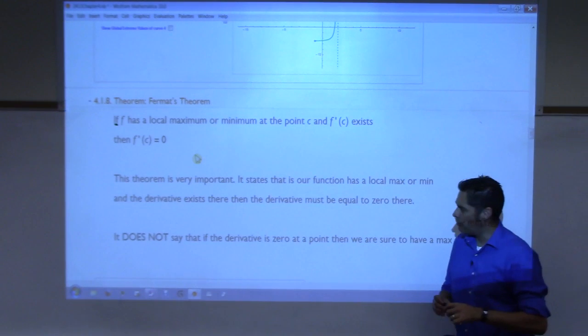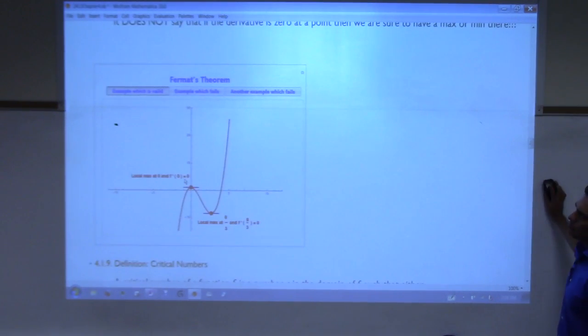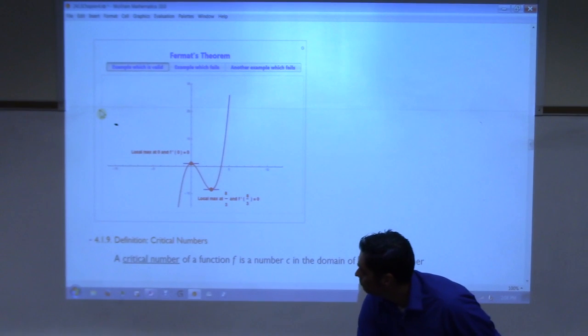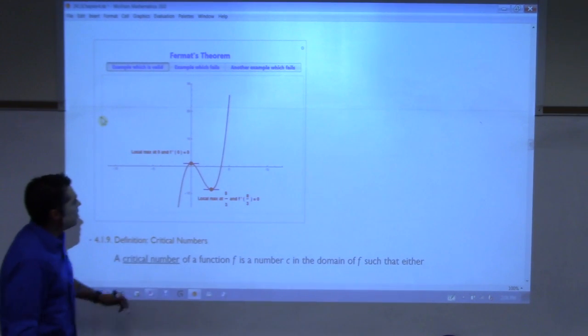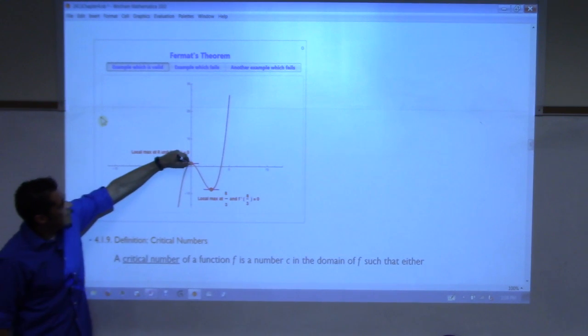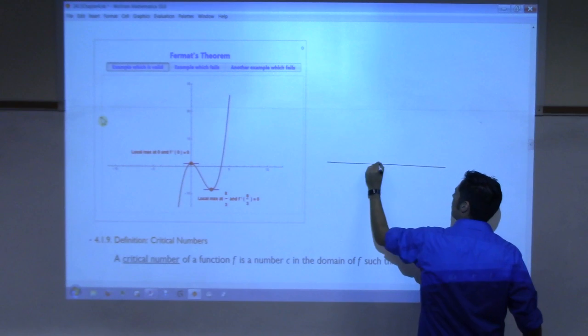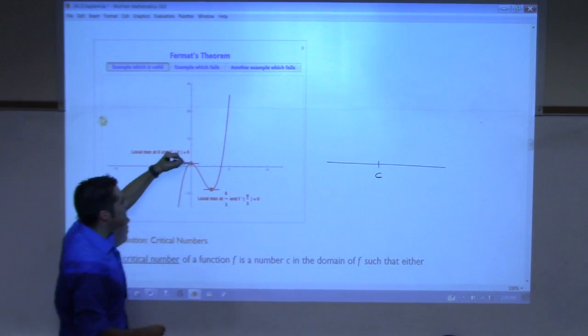Let me try and draw this for you. So look at this function right here. Do you agree that there is a point C, the x value on the x-axis, where we have a local maximum?